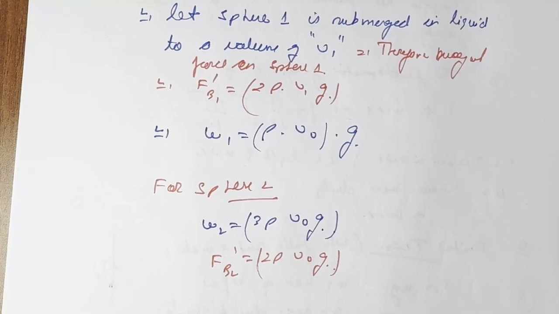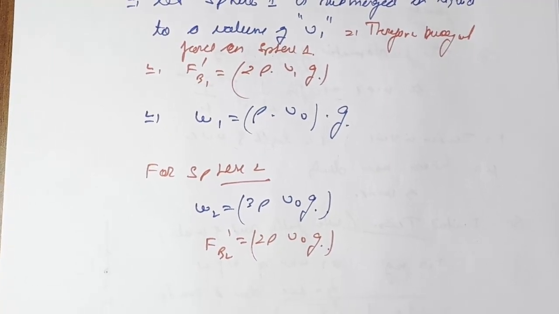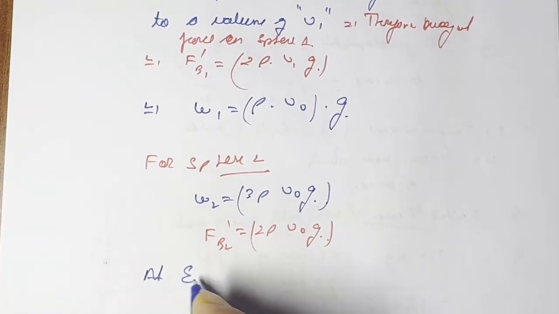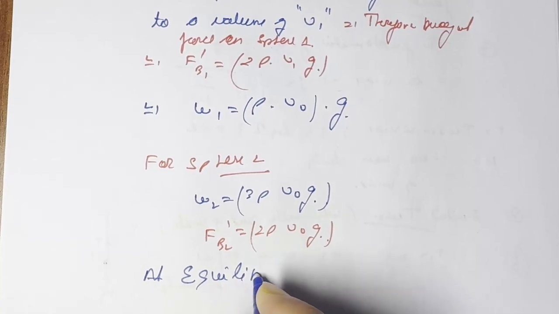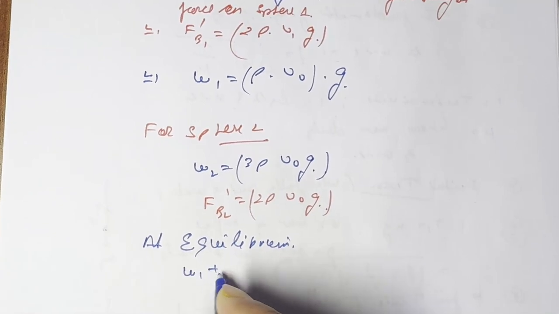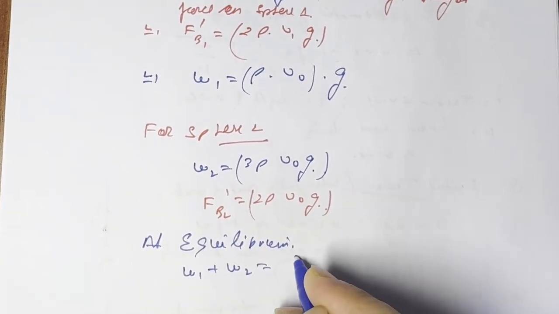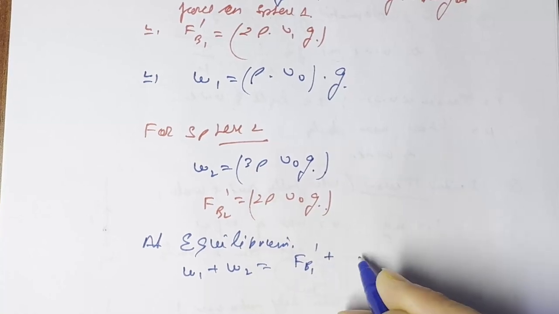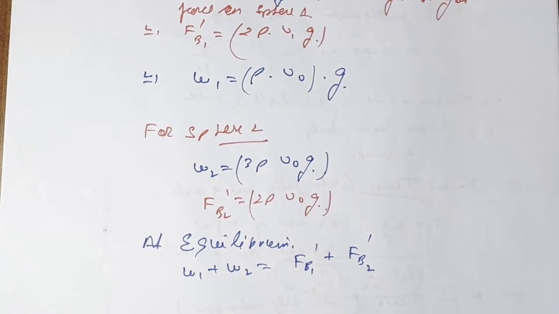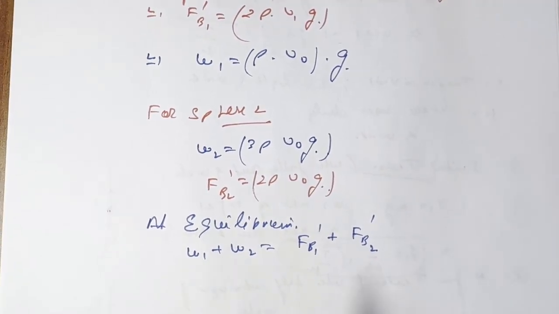So at equilibrium the forces will be balanced, so W1 plus W2 is equal to FB1 prime plus FB2. Let us substitute the values.